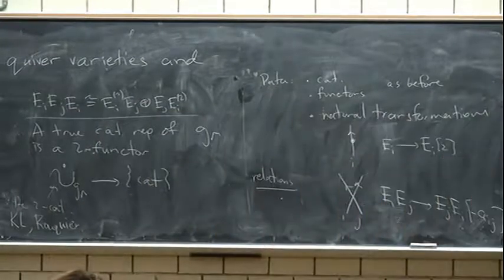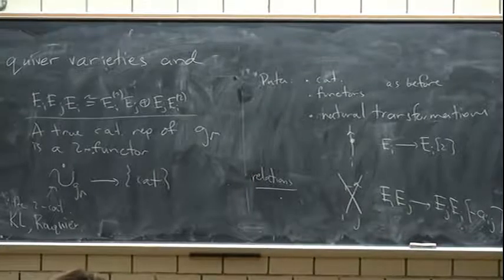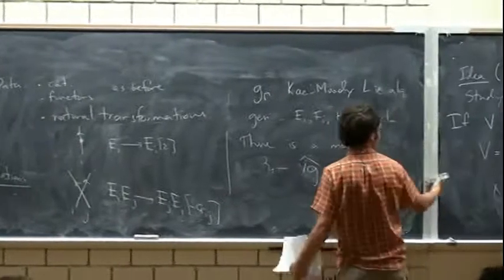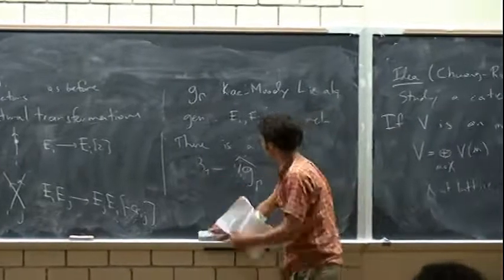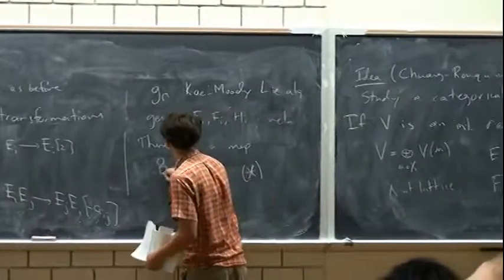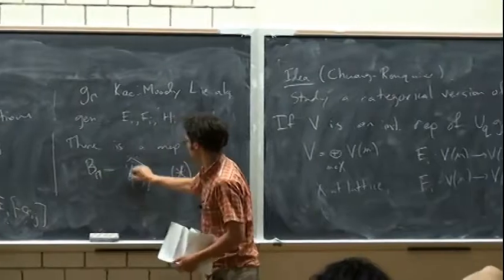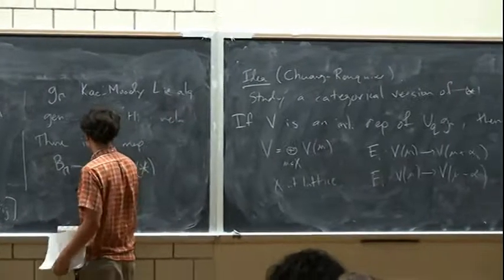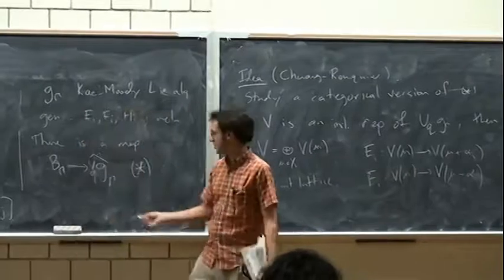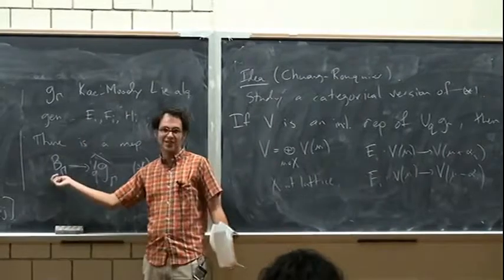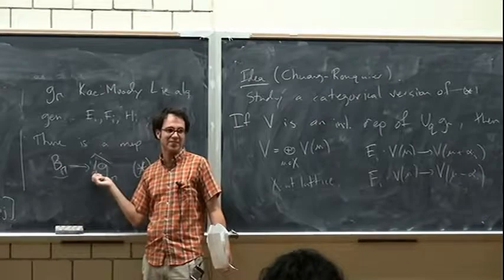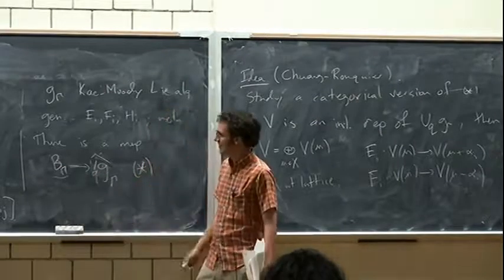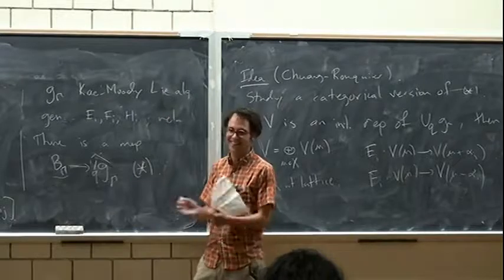Okay, so as I mentioned before, the one thing I wanted to tell you is that we want to have a categorical version of this map from the braid group to this U Q G gamma. So one could really take this statement very seriously and invent some kind of two-categorical version of the braid group and define some two-functor, but Savin and I are not categorically minded enough, so we didn't do that at all.